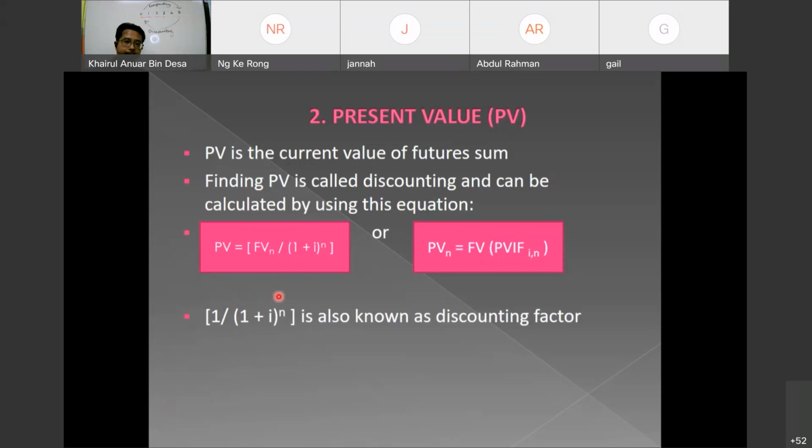Okay, the formula here, future value is present value times 1 plus i in power of n. The formula for present value is equal to the future value over 1 plus i in power of n. Okay, boleh nampak?